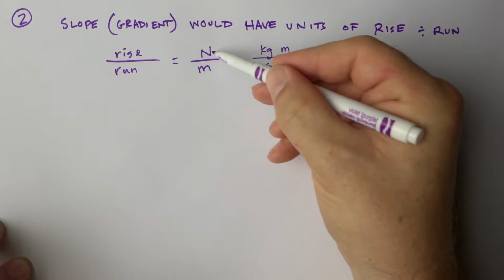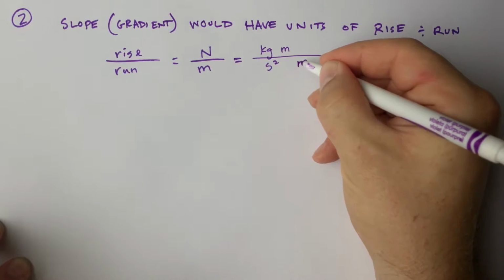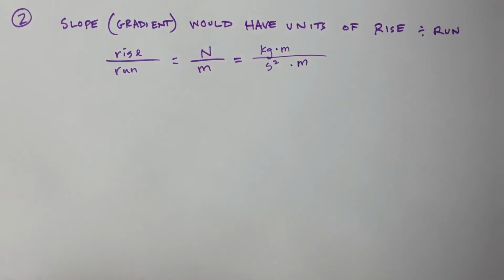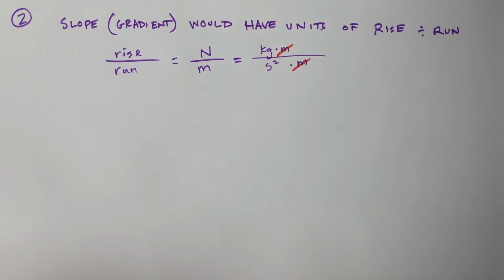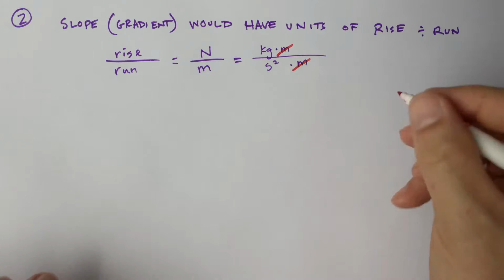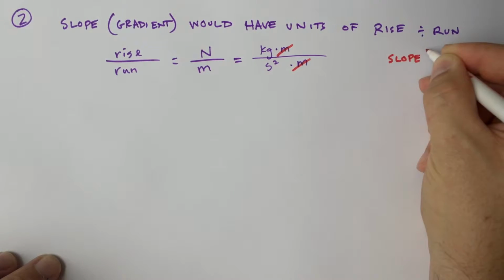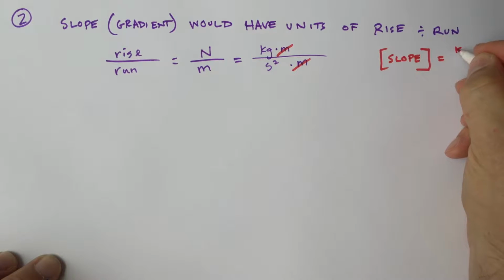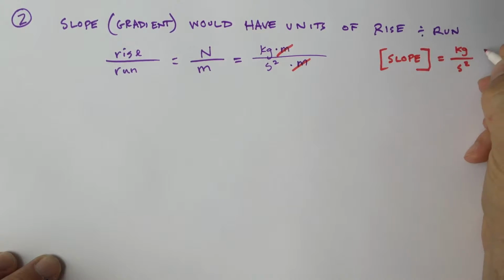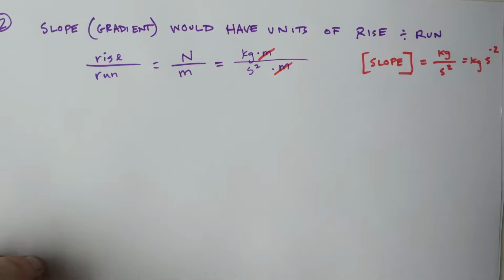And a newton divided by a meter is this divided by meters. I can cancel meters and meters and say that the units of slope of my graph would be equal to kilograms divided by seconds squared, or kilograms times seconds to the negative 2 power.